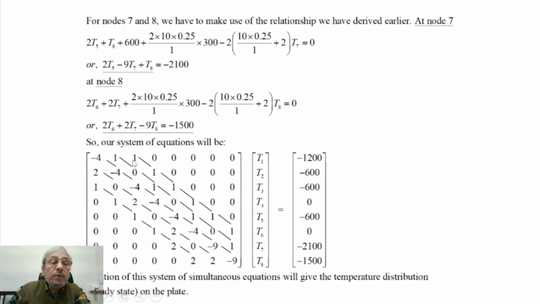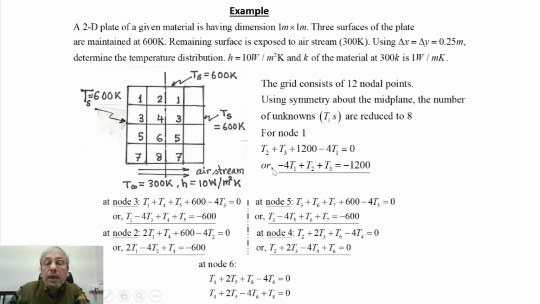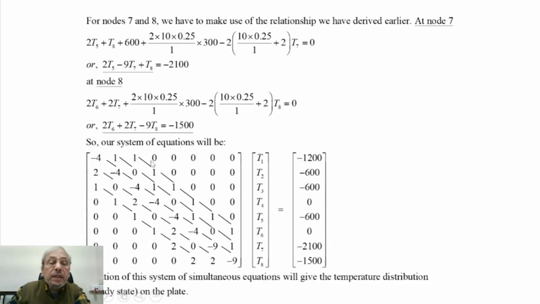So minus 4, 1, 1, 0, because in that equation, for node 1, we do not have T4 to T8. So all are 0. And with this column vector, if we multiply the row, we'll get the original equation. Right hand side is minus 1200.